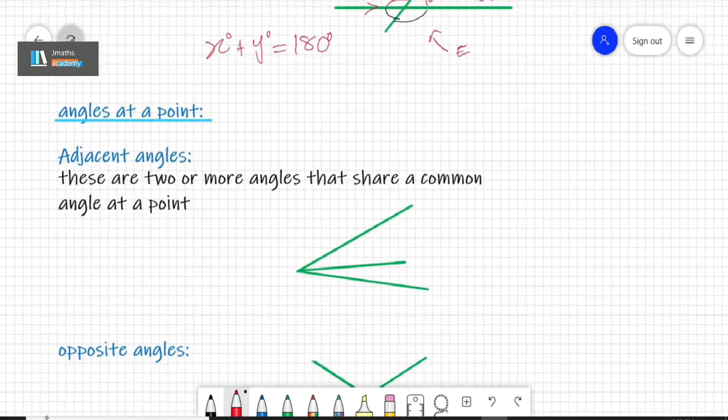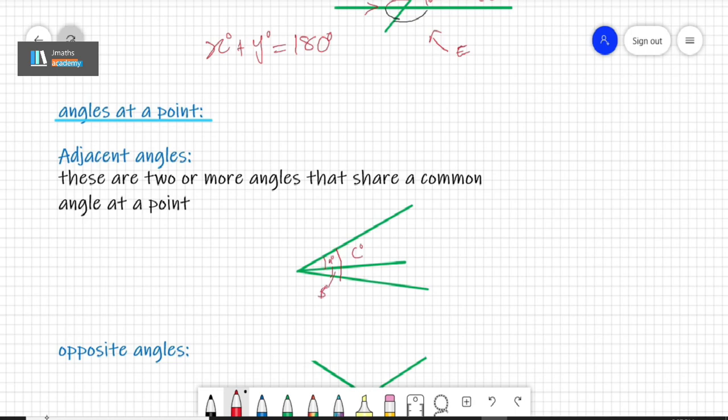Under angles at a point, we have adjacent angles. Adjacent angles are two or more angles that share a common angle at a point. So for instance, let's say we have the major angle here to be C degrees. Adjacent angles will be A degrees and B degrees.